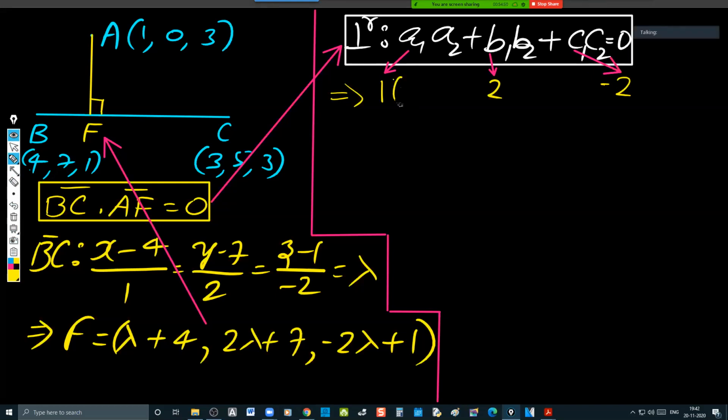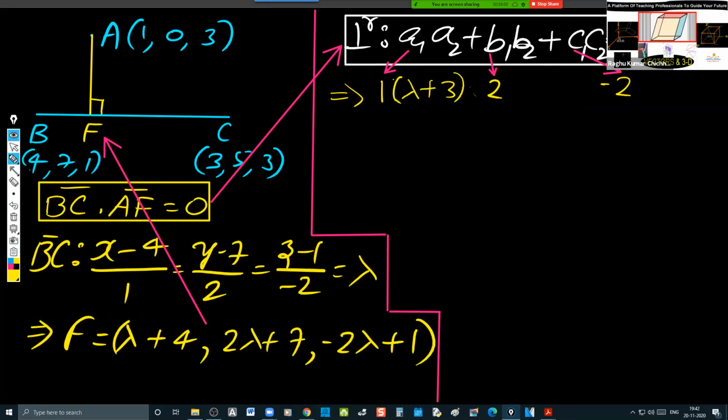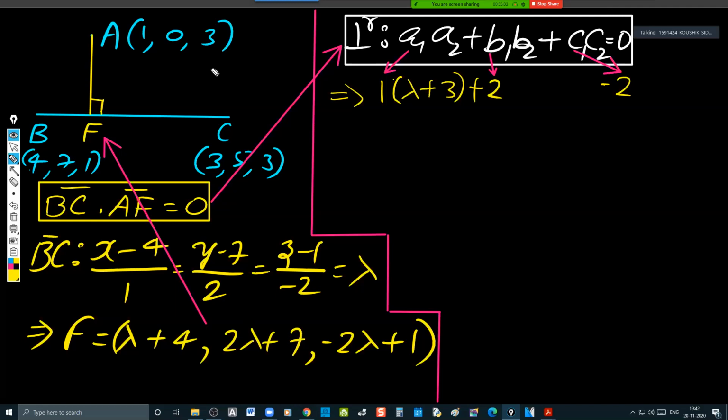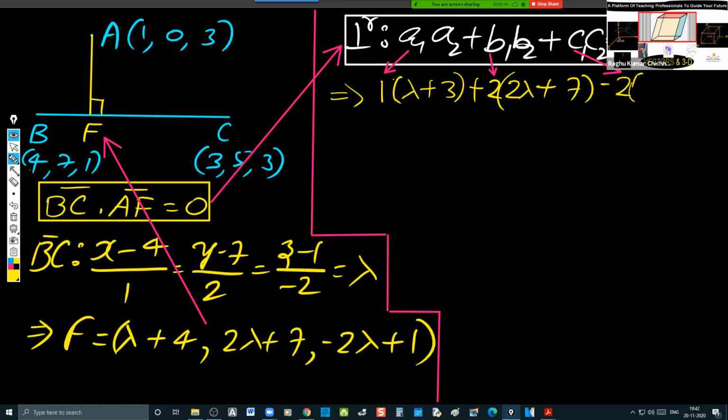A2, B2, C2 means AF bar, that is OF minus OA. That is lambda plus 4 minus 1, lambda plus 3; then 2 lambda plus 7; then minus 2 lambda minus 2. This must be equal to 0.